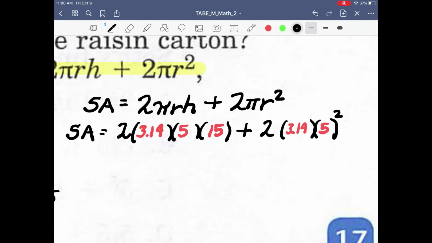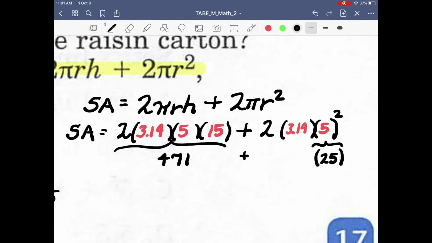And then we need to follow the order of operations. So there's a lot of multiplying, but we need to do this exponent first. 5 to the second power, that's 5 times 5, is 25. So get that out of the way first. And then go ahead and multiply all of this on your calculator. So we're going to say all clear. 2 times 3.14 times 5 times 15 equals, that is 471.